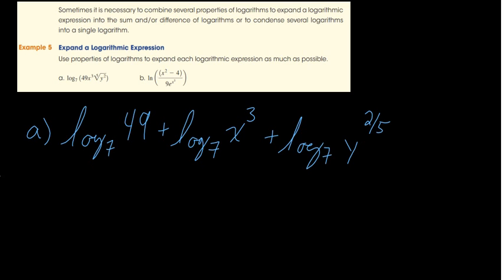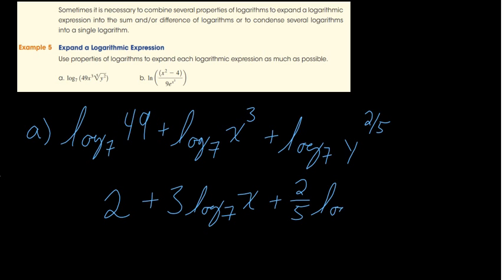All right, now we're going to clean this up. I said earlier that log base 7 of 49 is 2, again, because 7 squared is 49, so we're going to say 2, and then plus, and we're going to put that 3 out front, log base 7 of x, and then plus 2/5 log base 7 of y.